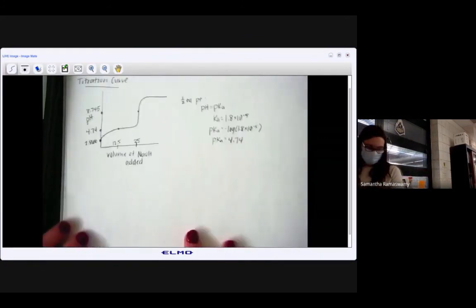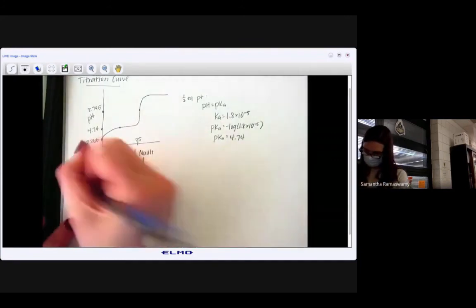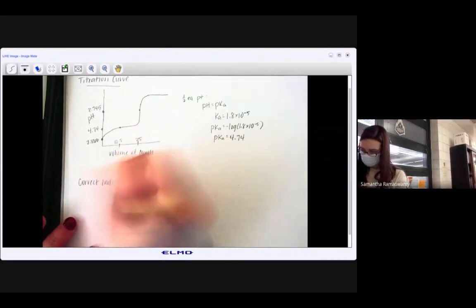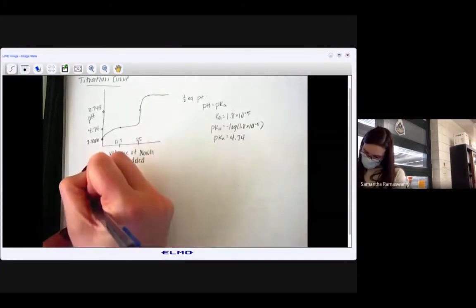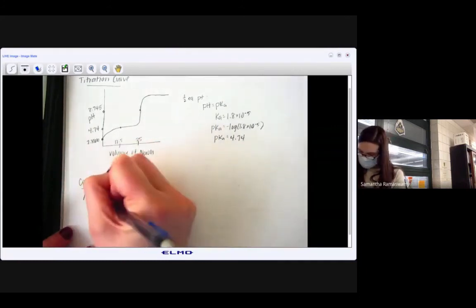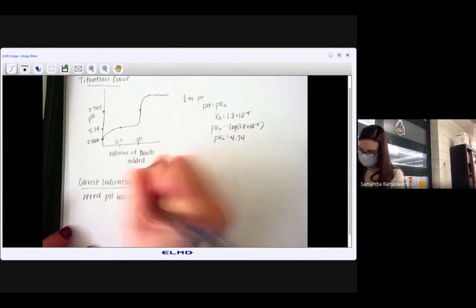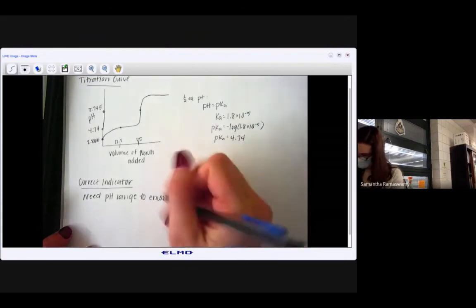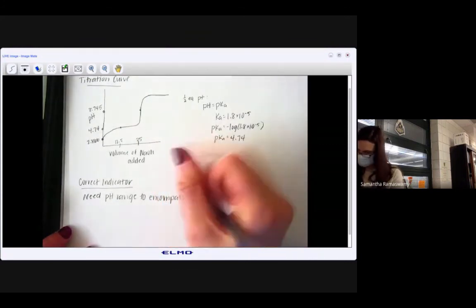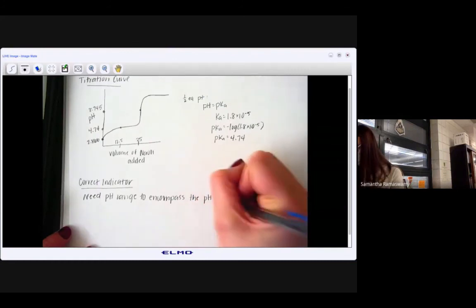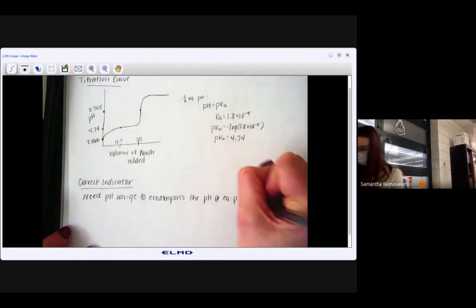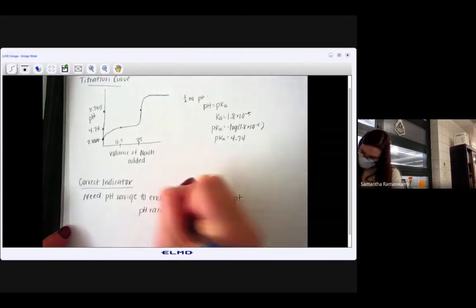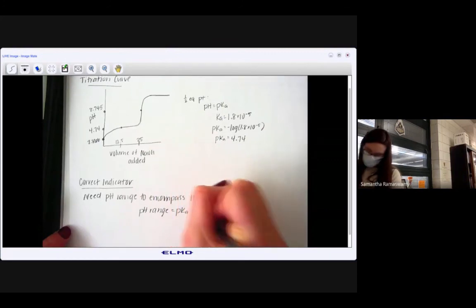And then lastly, it says to pick an indicator. So again, thinking about indicators, remember that we need the pH range to encompass the pH at the equivalence point. The pH range of an indicator is pKa plus or minus 1.